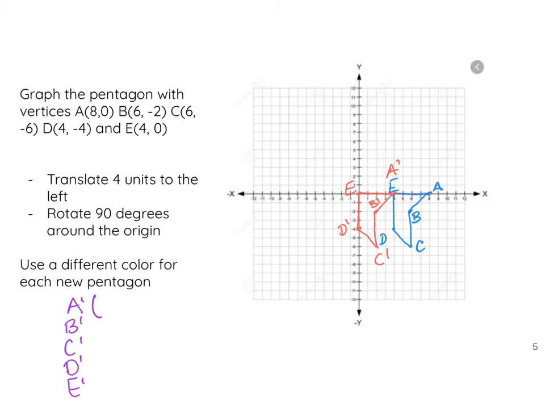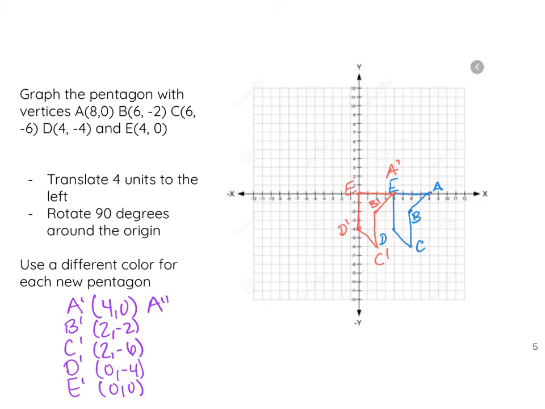So A is at 4, 0. B is at 2, negative 2. C is at 2, negative 6. D is at 0, negative 4. And E is the origin, 0, 0.